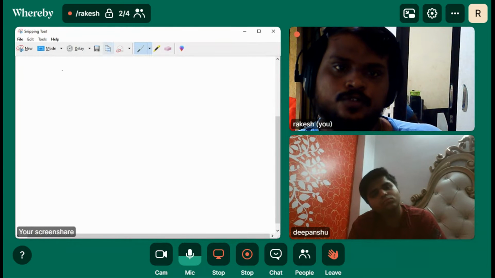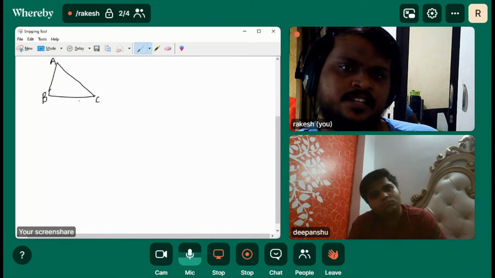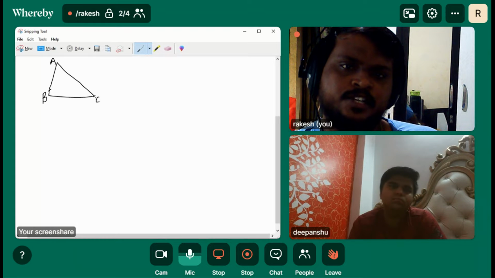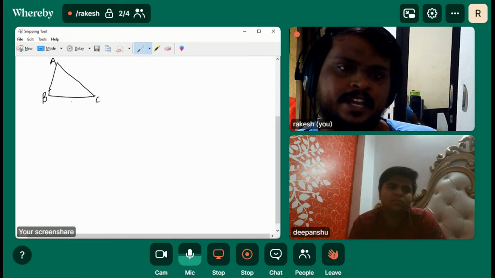Okay, so if this is a triangle whose name is ABC, what is the measurement of this side, the side BC? As per the convention, what is the measurement of side BC? Small a.